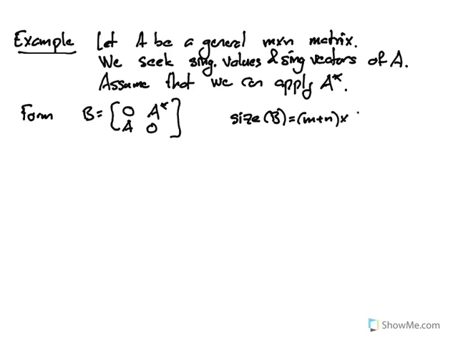So if A is square, then B is, of course, twice the size. Okay, so now B is symmetric. So we can expect that Lanczos will work well.